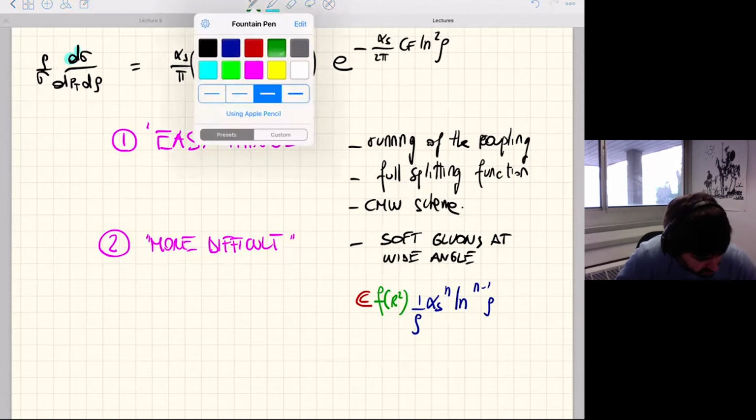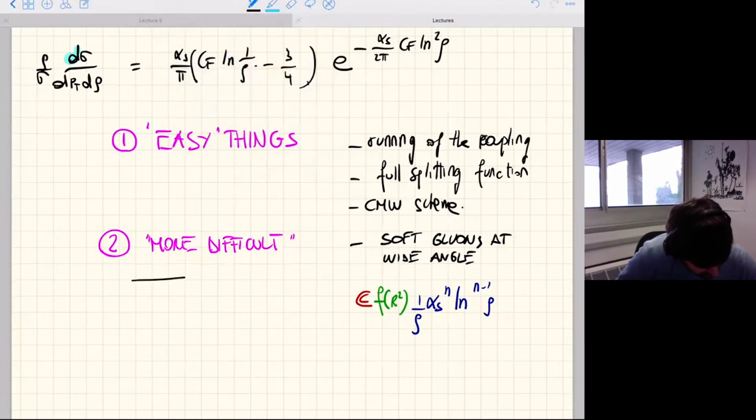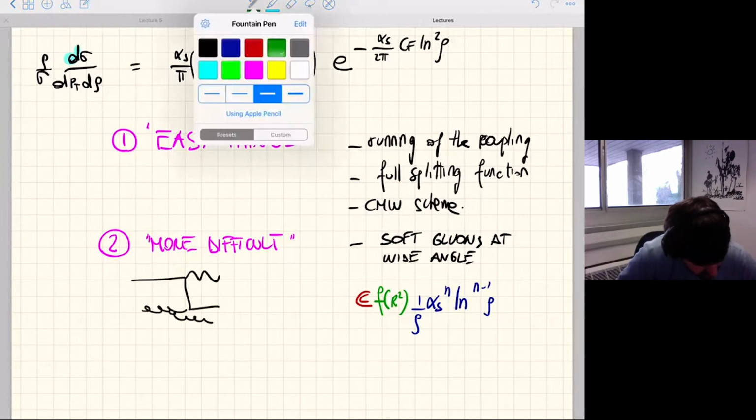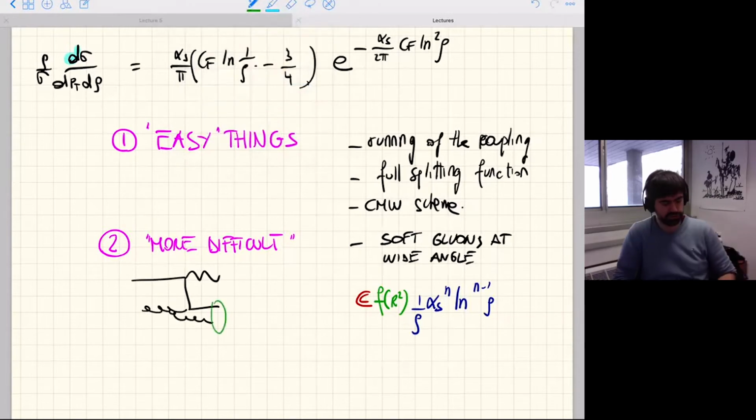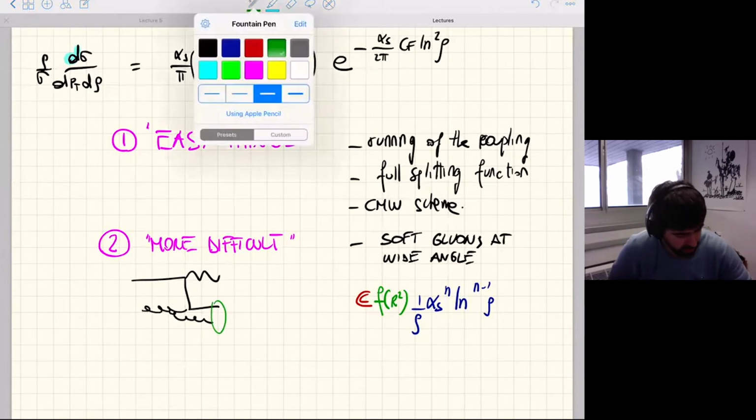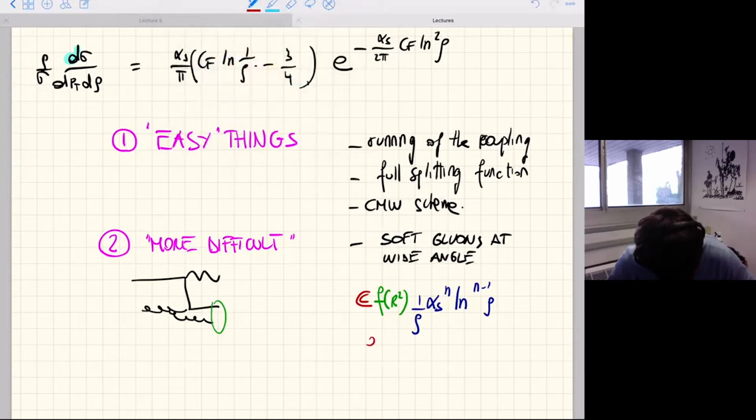Just to be clear, what this is, that contribution I have in mind, for instance, this one, right. So you can have a gluon in the initial state that then is reconstructed in the jet. No collinear singularities, but soft singularity. This function f has an interesting property for soft emission and wide angle: it starts at order R squared.